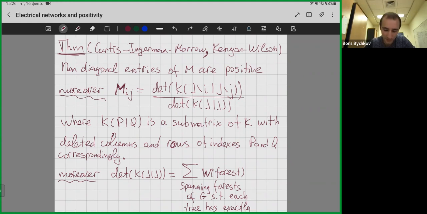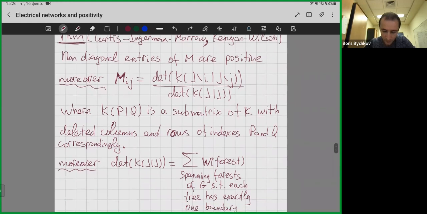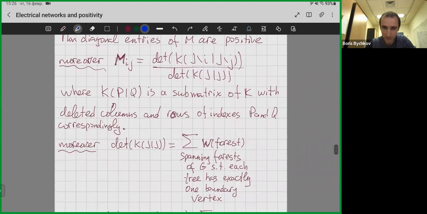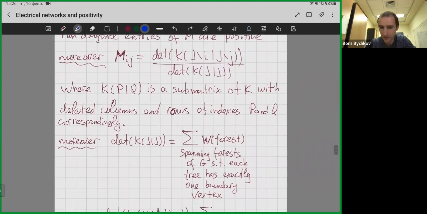So it's this fraction of determinants, where I remind that K of PQ means a submatrix of K with deleted columns and rows of indices P and Q. And these determinants are in fact polynomials of weights of edges, because our network is weighted.